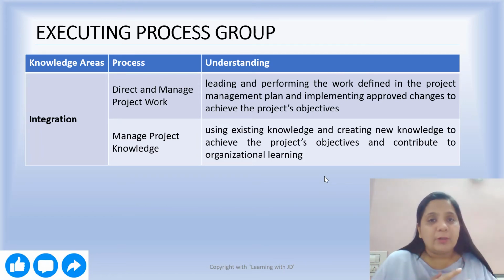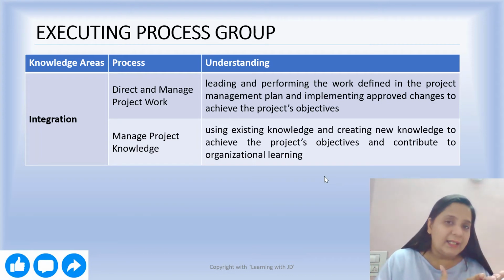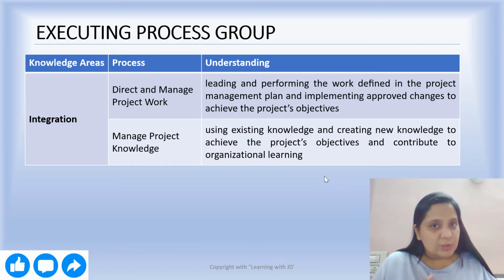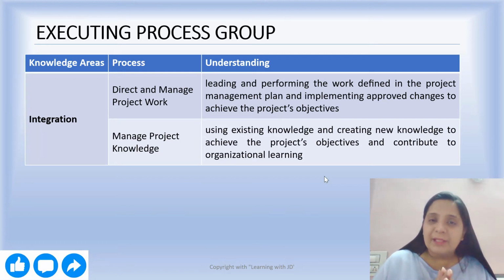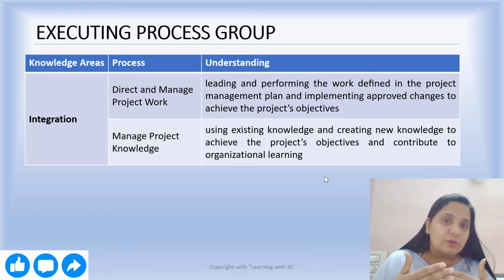And the second important part is the part that I always keep on saying: when the planning is over and your execution begins, if there's any change in the project which is happening at the execution phase, that will have to go through the change control board. If the change control board approves it, then that also has to be implemented to meet the project's objective.